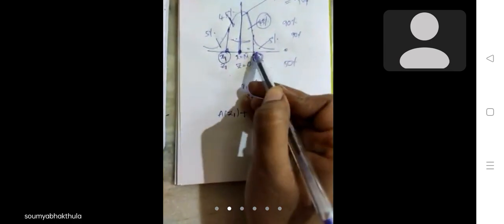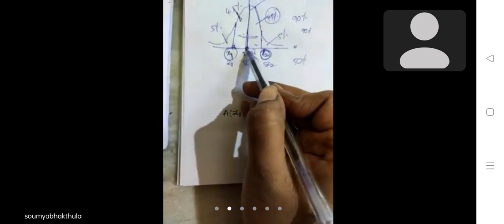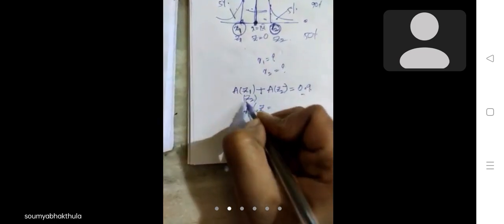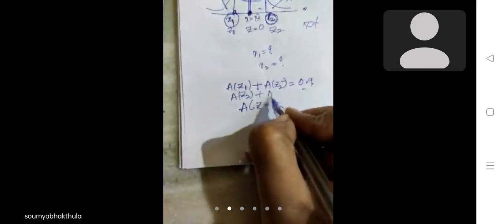Now from here to here the area is the same. That's why I am taking the same symbol: the area of this will be area of z2 and this is also area of z2.